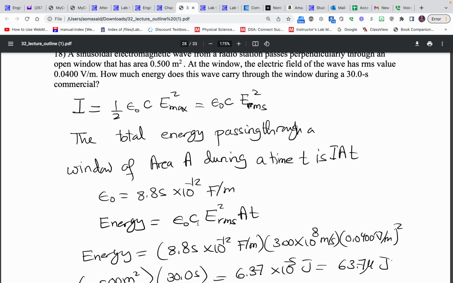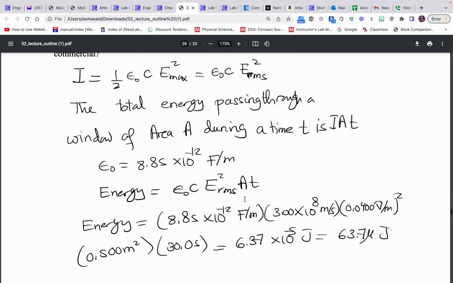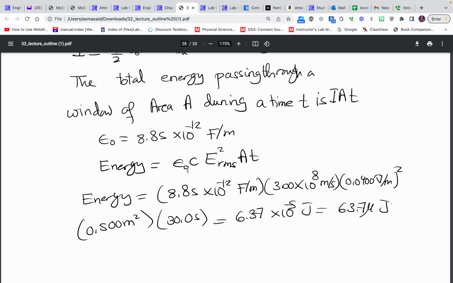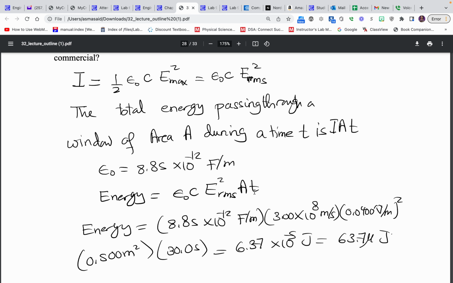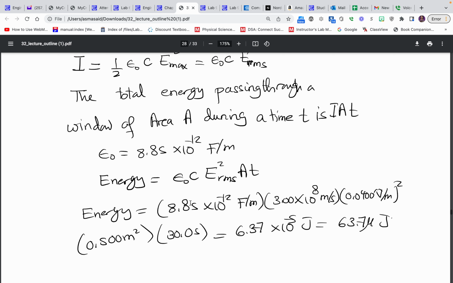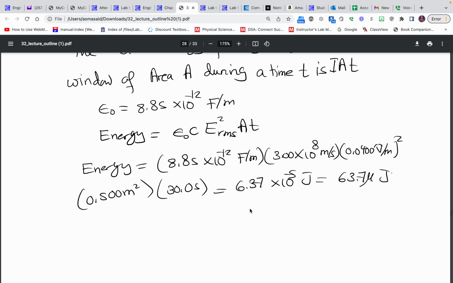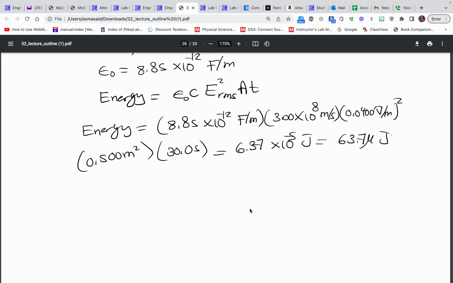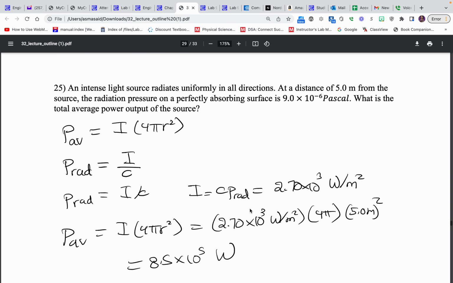Then it is epsilon 0 c times E RMS squared times the area times t, because power is energy divided by time, and intensity is power divided by area. Then power is intensity times the area, and I will be able to calculate the energy by multiplying these numbers together.